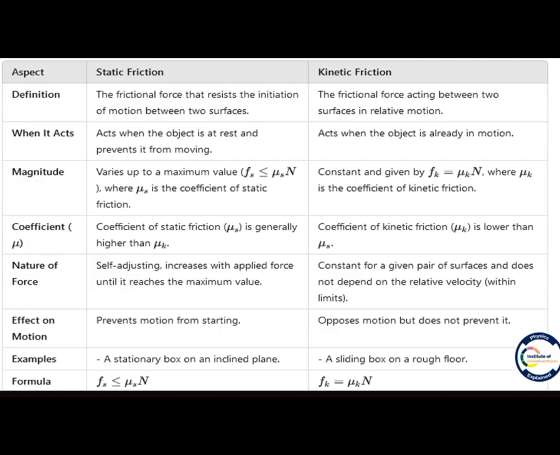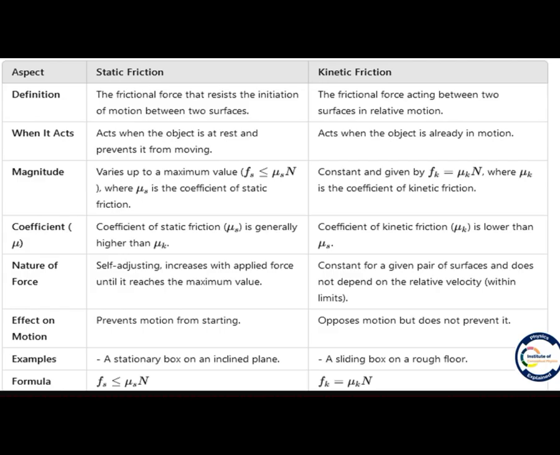Now, what about the coefficient of static friction? The coefficient of static friction is referred to as mu s, and its value is higher than the coefficient of kinetic friction. What is the nature? This is what I was referring to. This is the most important point to understand for JEE Mains preparation. It is a highly conceptual point if you're new to this chapter: static friction is self-adjusting.